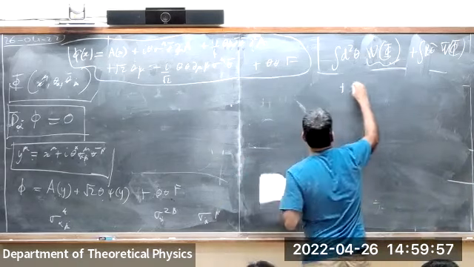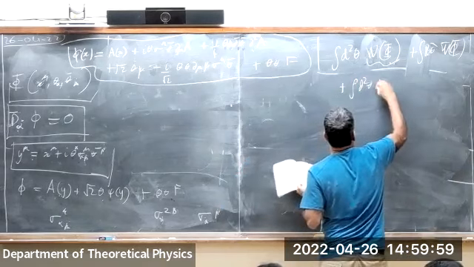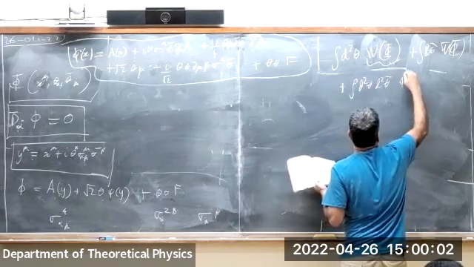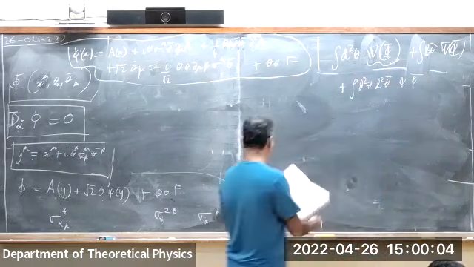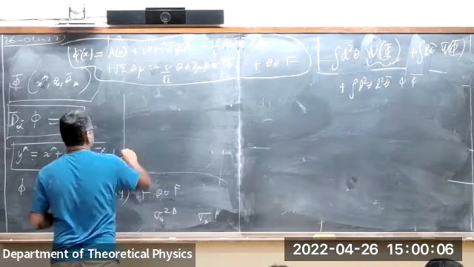So if I take this plus integral d squared theta bar phi bar, then what does this Lagrangian become?